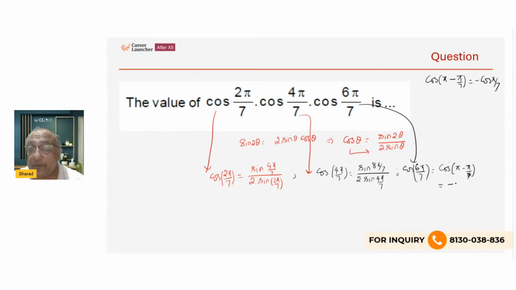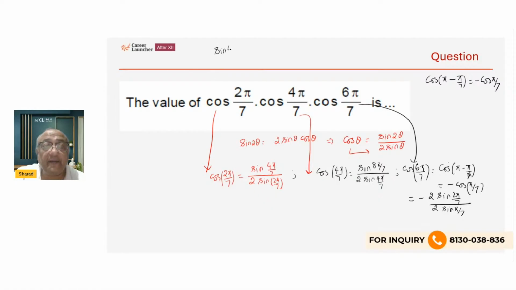So please note here, this will be minus cos pi by 7. So this cos 6 pi by 7 will become now minus 2 sine 2 pi by 7, why? Double of this pi by 7 angle, bachon, upon 2 times sine pi by 7. Wonderful. Let us put these values over here.